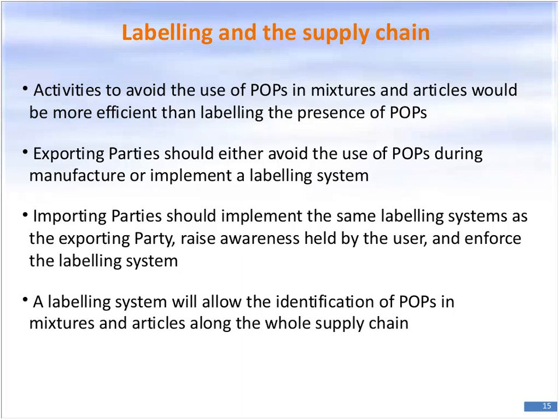And importing parties should implement the same labeling system as the exporting country, raise awareness by the user and enforce the labeling system, because a labeling system will allow the identification of POPs in mixtures and articles along the whole supply chain. So what this means is also that it doesn't really make sense for a country on its own to have a labeling system.